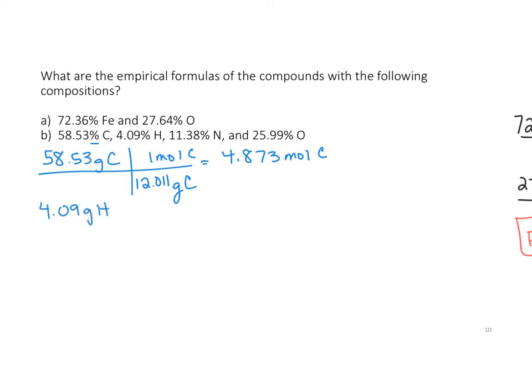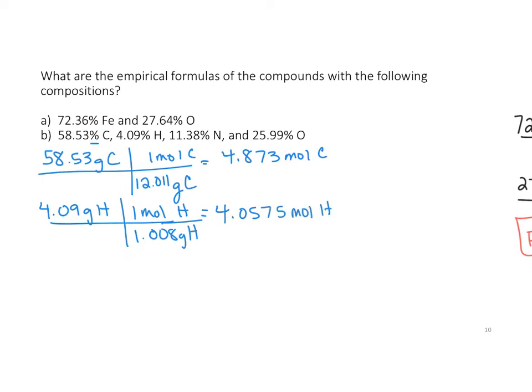Then we're going to do this with hydrogen. 4.09 gram of hydrogen divided by 1.008 gram of hydrogen for 1 mole of hydrogen. So 4.09 divided by 1.008, that is 4.0575 mole of hydrogen.